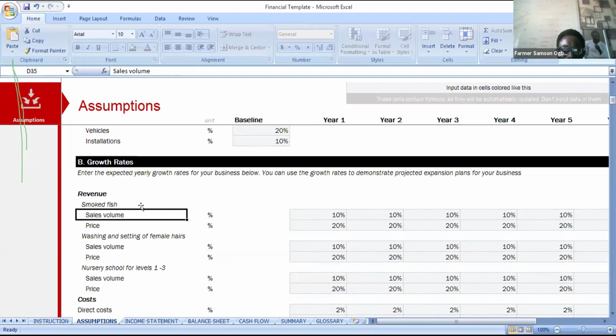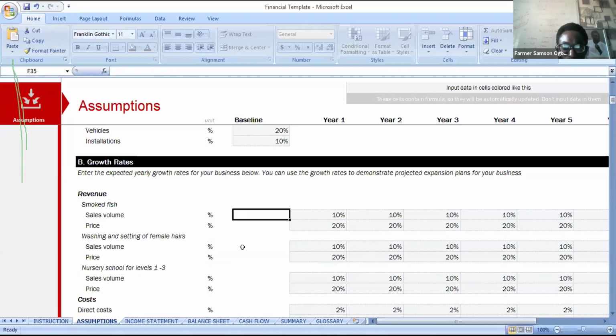Next is, what is my sales volume? So the people that we are answering, how many goods do you sell? What is the volume per year? What is your sales volume? So for example, if you have been in business a while, what has been your average sales volume in a year?